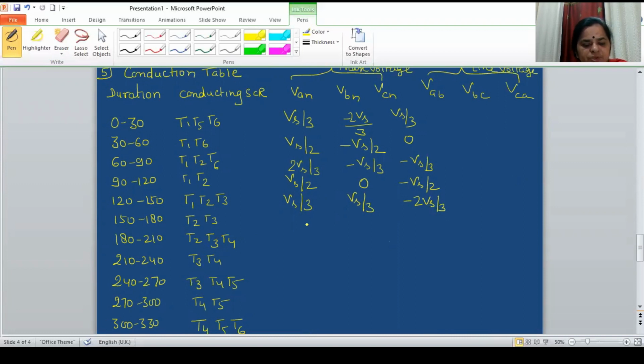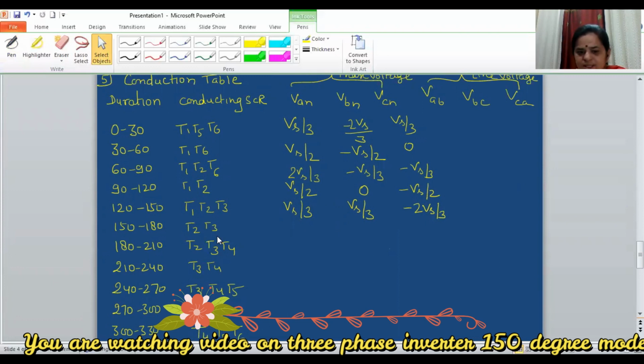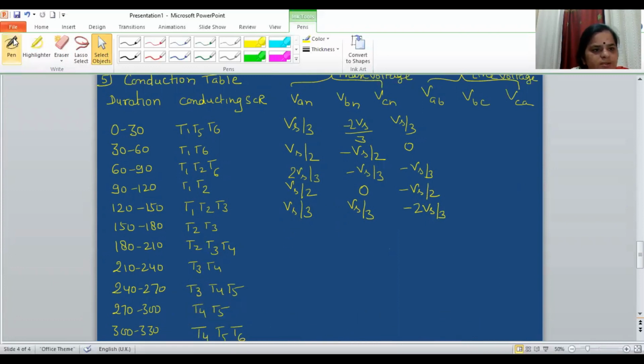Similarly, when T2 and T3 are conducting, here I am going to get 0, here Vs by 2, and here minus Vs by 2. When 2, 3, 4 are conducting, I get minus Vs by 3, Vs by 3, and minus Vs by 3.